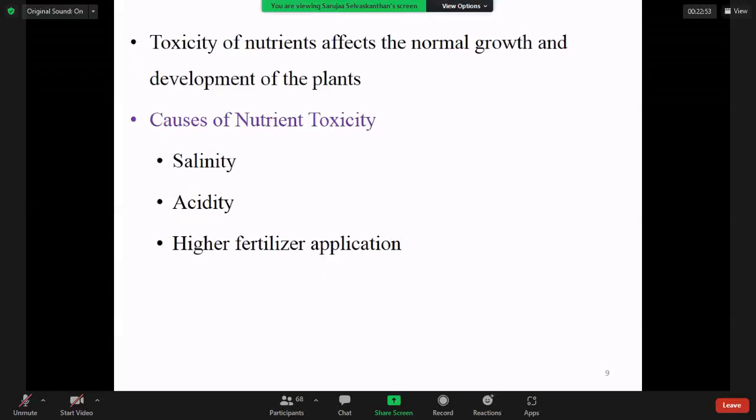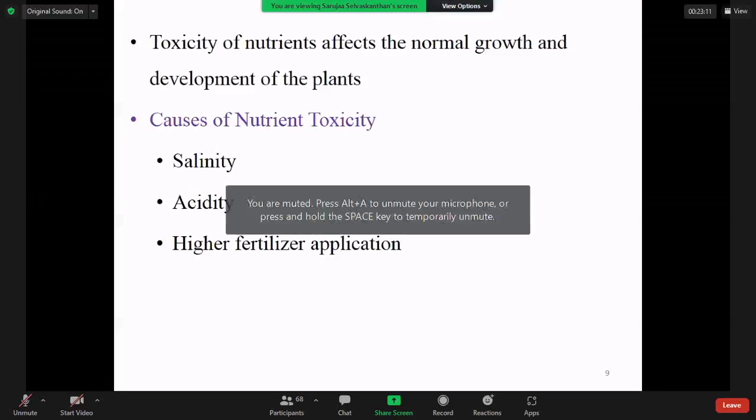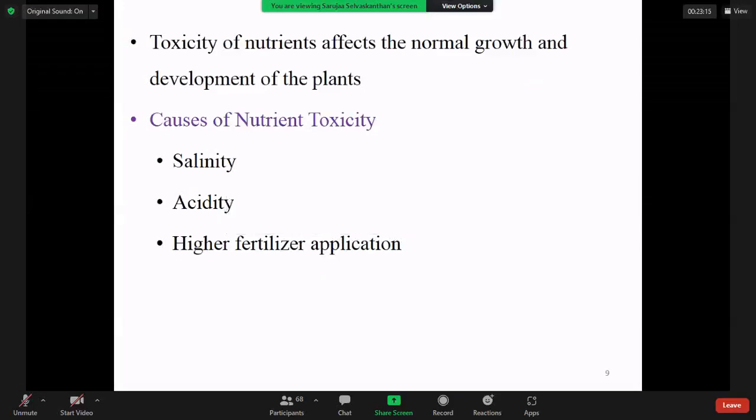Okay, causes of nutrient toxicity: salinity, acidity, and higher fertilizer application. Some soils are saline in nature. Some soils are acidic in nature. Due to these pH changes, some nutrients, which you will study in soil science in the following semesters, are not available in saline soil. In acidic soil, some nutrients are not available.